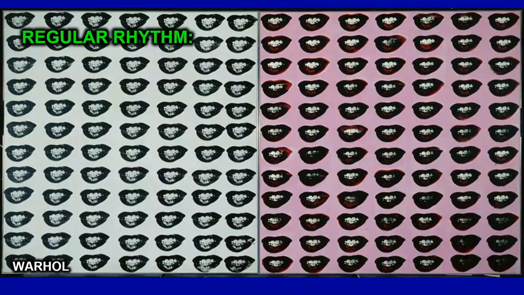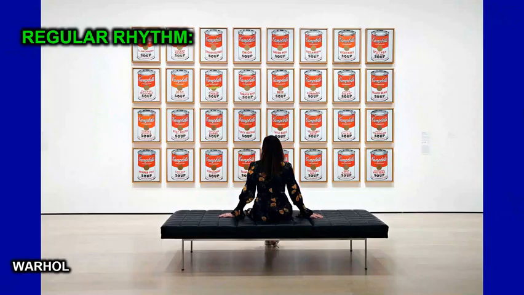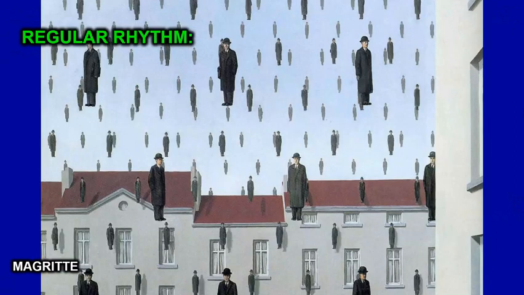So Andy Warhol uses a lot of regular rhythm to express the industrialization of modern culture. Again, with the Andy Warhol using regular rhythm. This Magritte painting, I think, shows regular rhythm. And yeah, the people are in different places, but they're all the same. All these figures are the same, and they are equally spaced. I think as you go back into space, they are equally spaced.